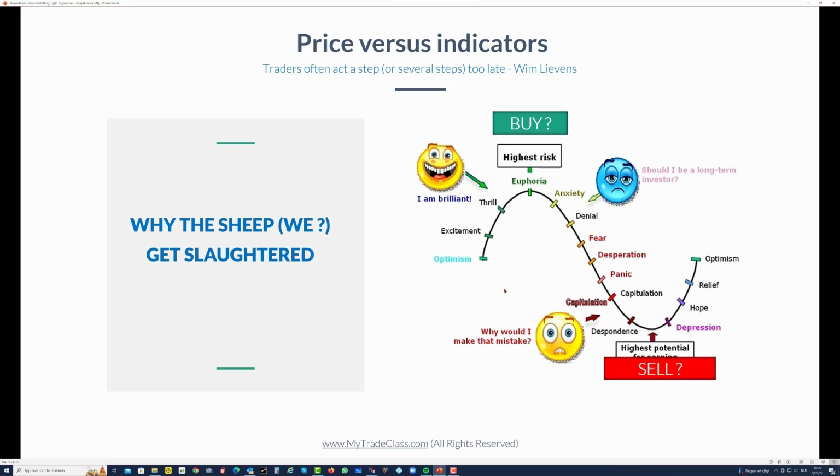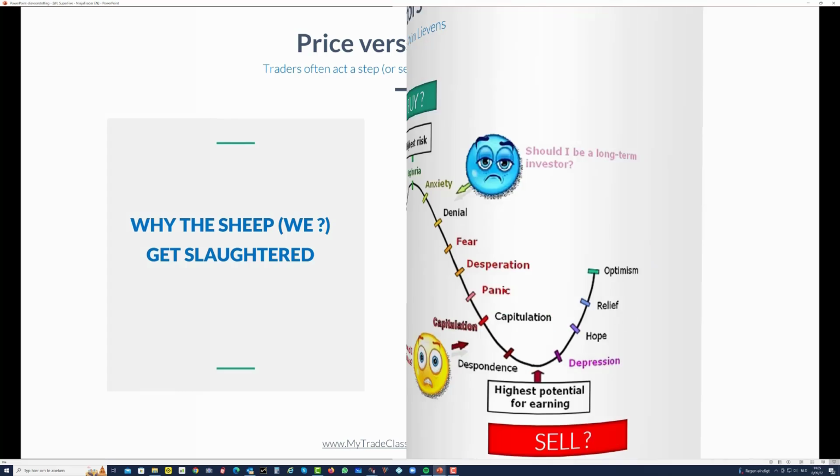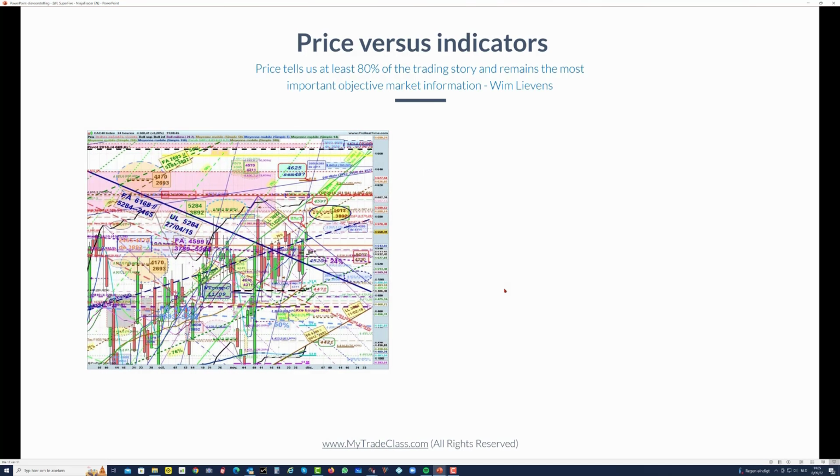It's unbelievable that we, retail traders, sometimes, to be polite, are one step too late, and sometimes 2 steps. And this is I think very often due to complicating stuff, to using very complex analysis.